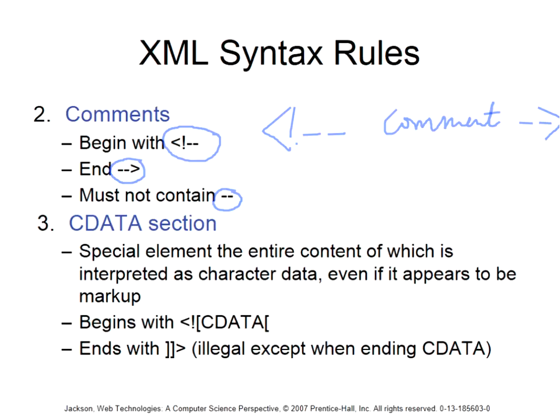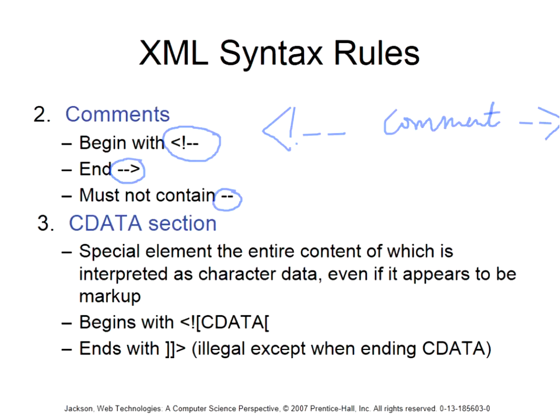So in an XML document we can find a CDATA section. So what is the meaning of CDATA? It is a special element, the entire content of which is interpreted as character data, even if it appears to be markup.